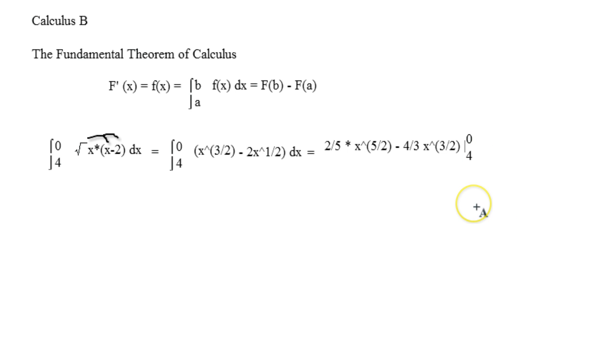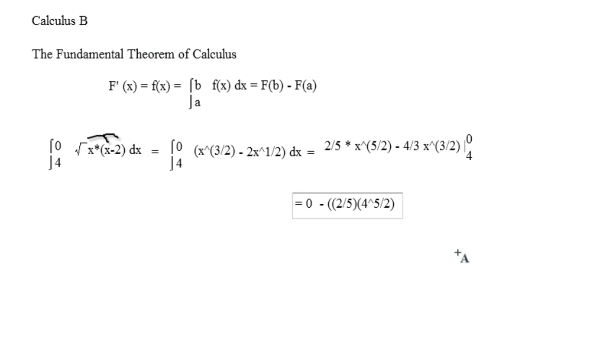Okay, and then when we do our actual calculations, you're going to notice we're going to have a 0 in the beginning, so it's just going to be straight up 0 minus (2/5 times 4 to the 5/2. And let's put a parentheses in front so we have grouping symbols.